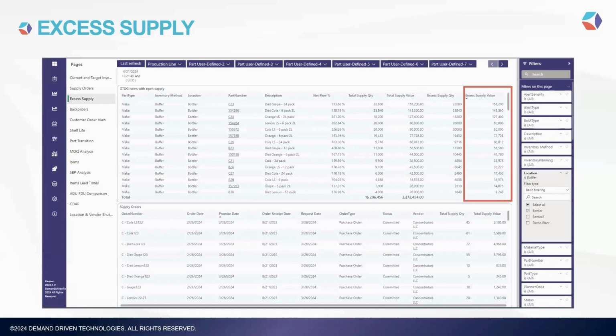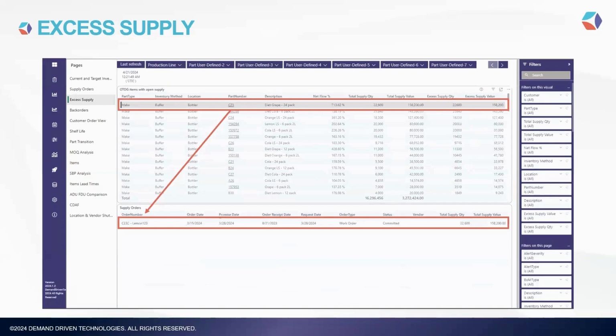Or is there something that Intuiflow doesn't know about that you just got information on, and somebody threw in an order that we don't have the information for? But these are good areas that you can attack to do some cleanup.